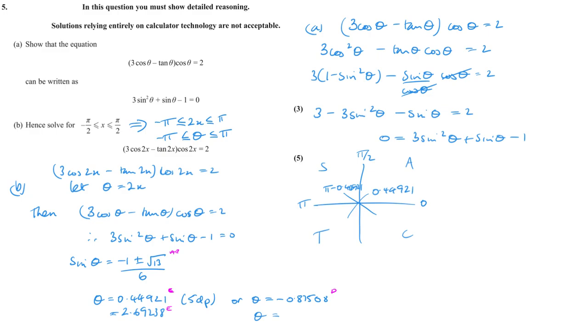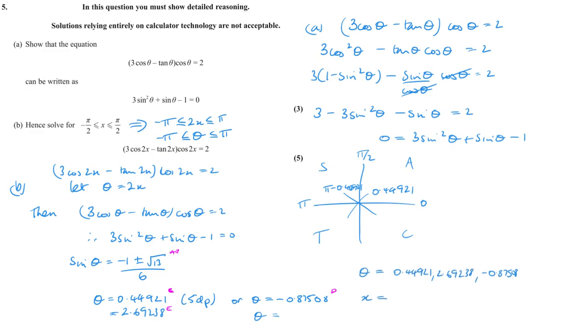Okay, I want to work out what x is. So theta equals 0.44921 and 2.69238, and it's going to be two more values here, minus 0.87508, and then the next one I'll get in a moment.